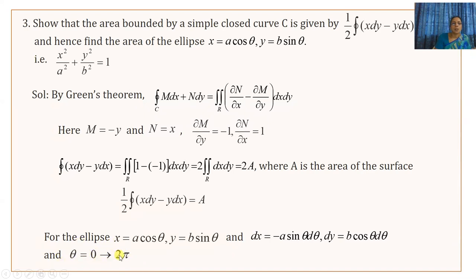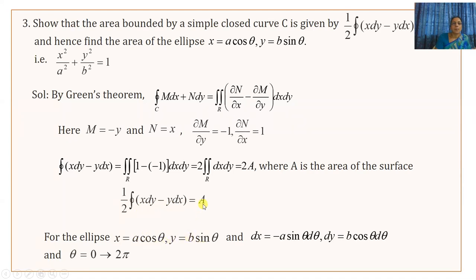So substituting all these values in the above equation, capital A now represents the area of the ellipse. Why? Because we have substituted x is equal to a cos theta, y is equal to b sin theta, which are nothing but the parametric equations of the ellipse.